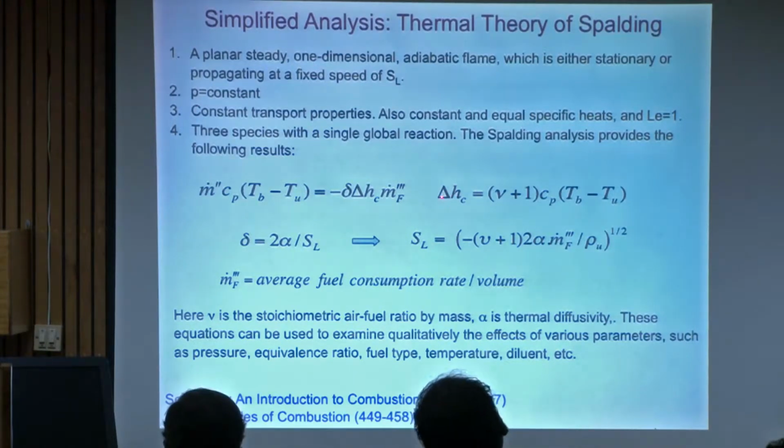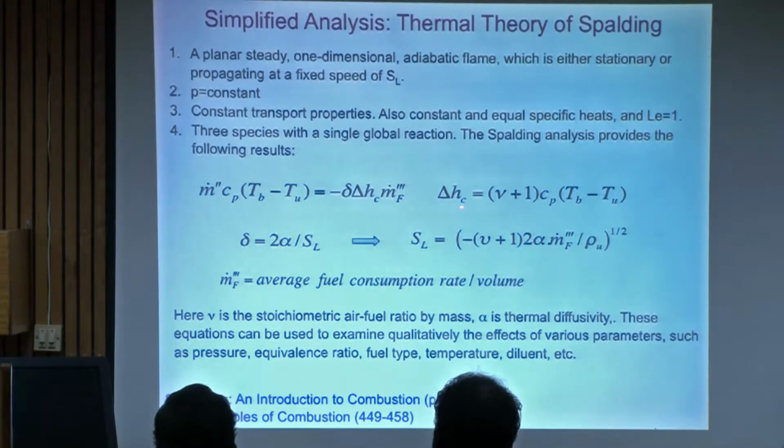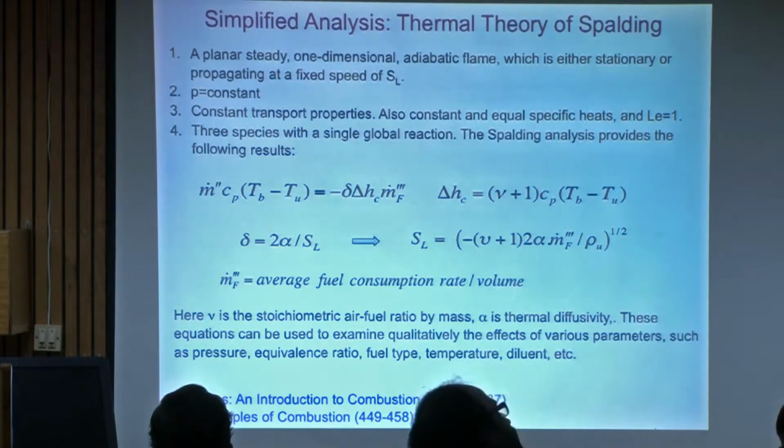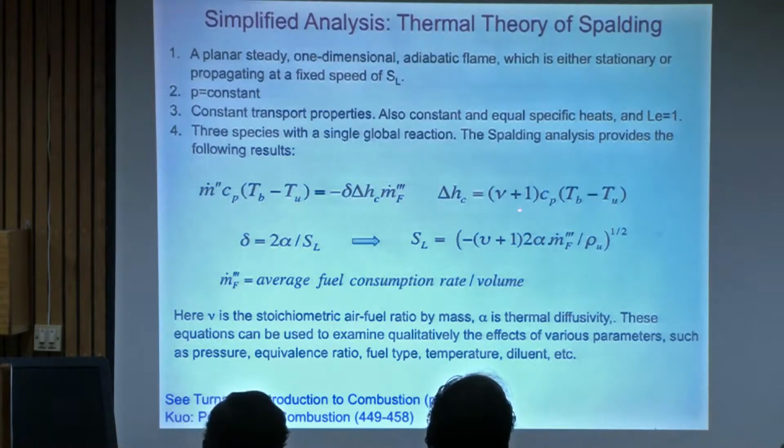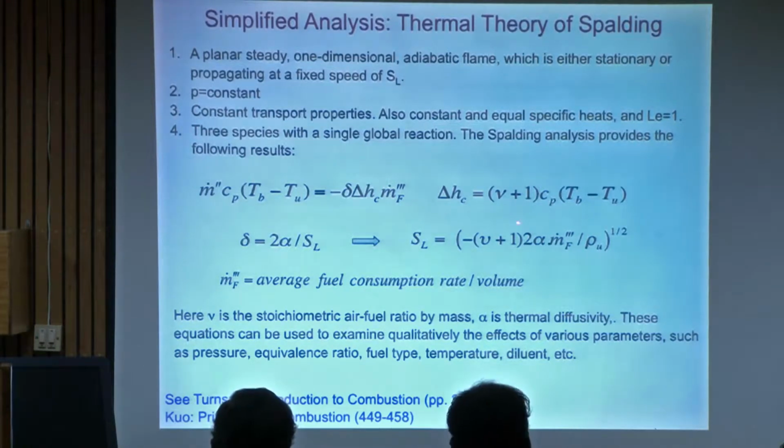So what are the various symbols here? What is delta Hc? That's the heat of combustion. And then here we have heat of combustion, so this is like the energy balance. What is nu plus 1? That's the mass of products, right?